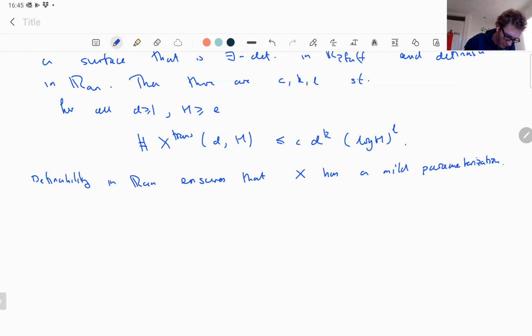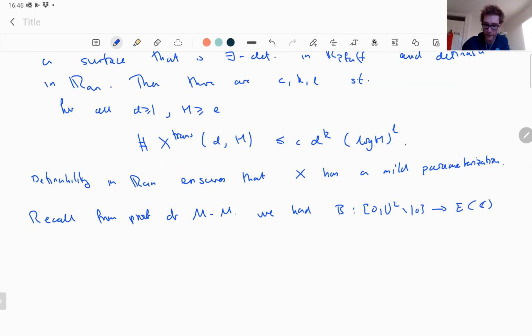Okay, so from the proof of Manin-Mumford, we had a function B like this, which was real analytic.